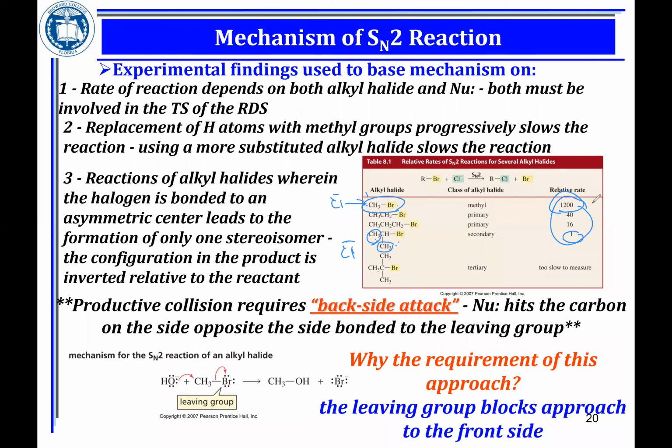So that can explain the steric hindrance as well. The bulkier the group, the slower the reaction. This is for SN2 only. And we can see that.